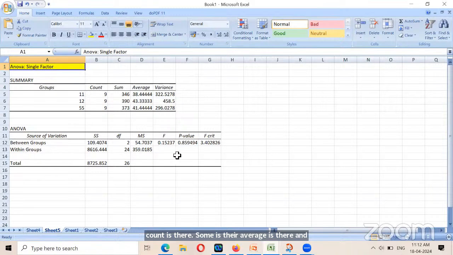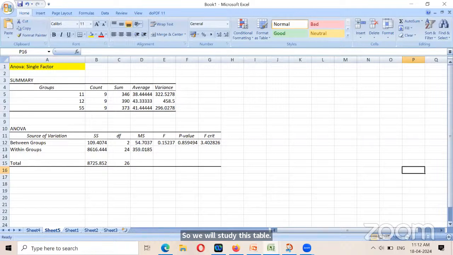Then the second table is giving you some values. This is called the summary table of the ANOVA, right? So we will study this table. I just want to make it somehow larger.